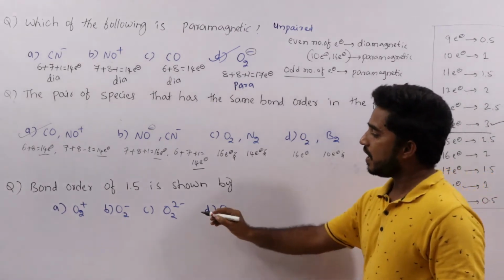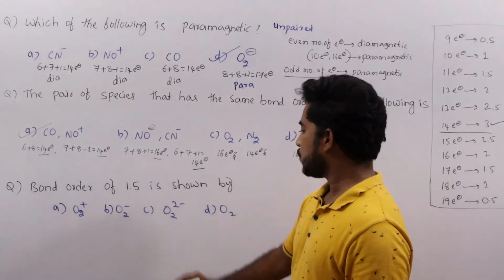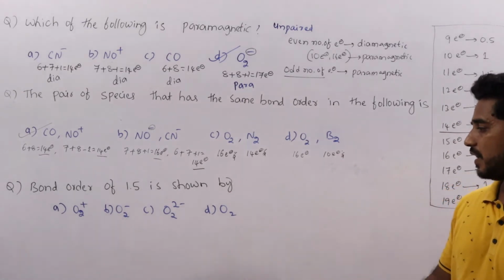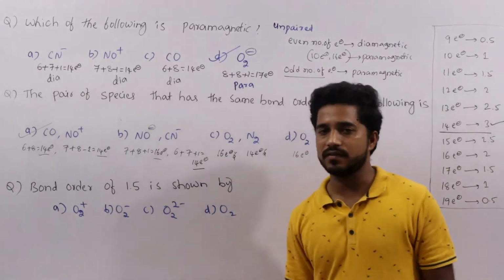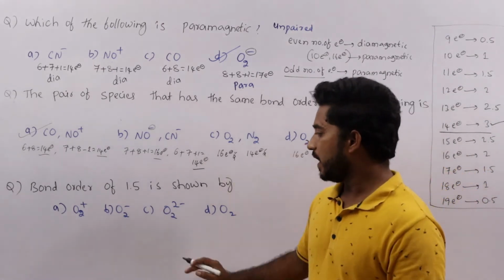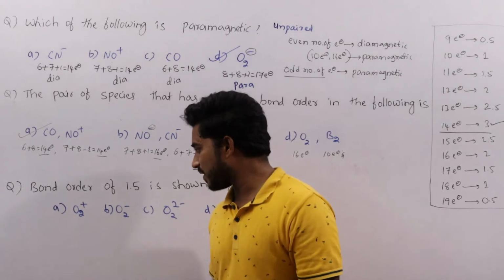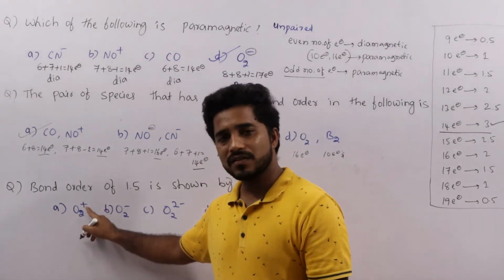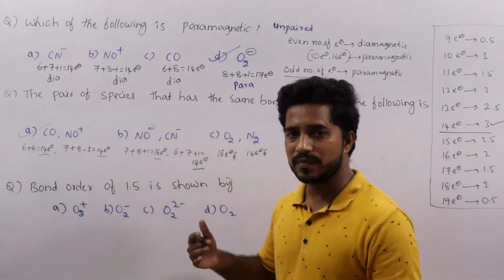Bond order of 1.5 is shown by which of the following species? In the same way, in O2 plus how many electrons are there? O2 means 16 electrons, and the plus charge indicates loss of 1 electron.